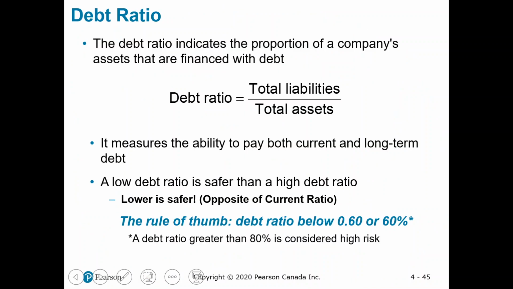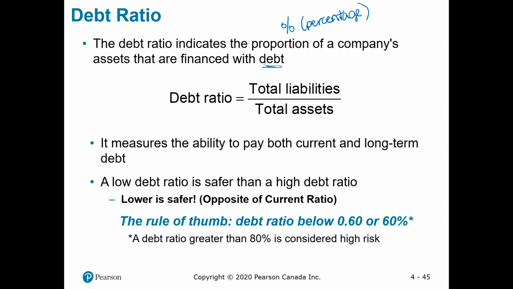Okay, the next ratio is called the debt ratio. And this ratio is calculating the proportion or the percentage of a company's assets that are financed by debt. So what percent of your assets did you need to take on debt in order to pay for? The other portion is paid for by the equity side.